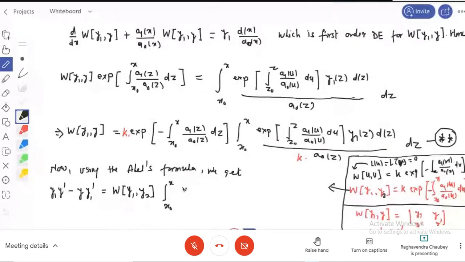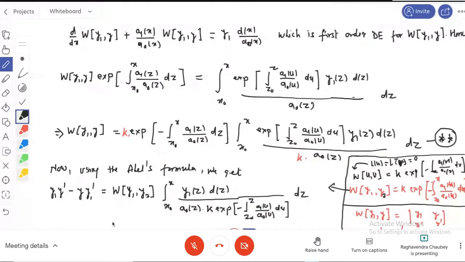So here the numerator term is y1(z) dz, and in the denominator you can write a0(z) times k exponential of this term, the integral of a1(u) over a0(u) du. And we have to integrate that with respect to z. So we can rewrite the Wronskian of y1, y2 as the integral from x0 to x of y1(z) dz over a0(z) times k times this exponential; this is the formula of the Wronskian.